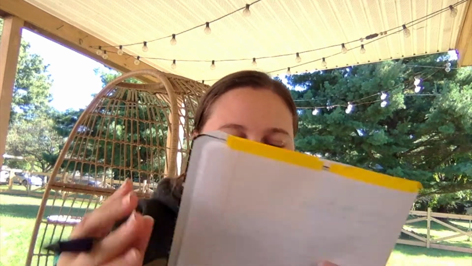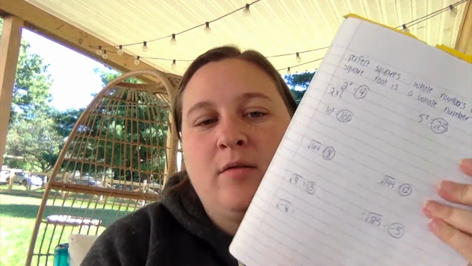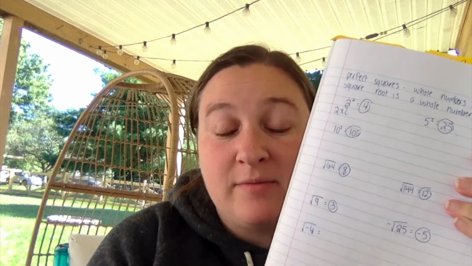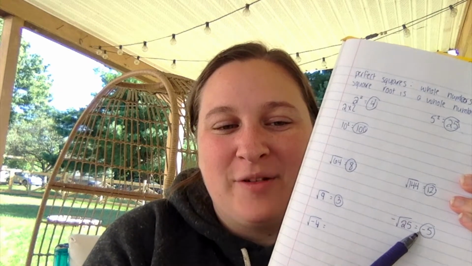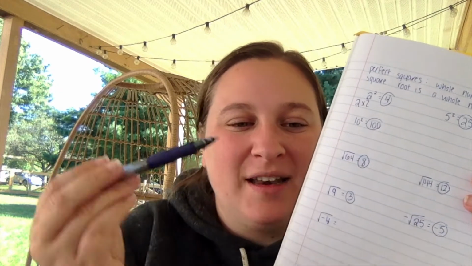Now, if we think about this, we know that positive 5 times positive 5 is 25, and then if we put the negative in front of there, it makes it a negative 5.